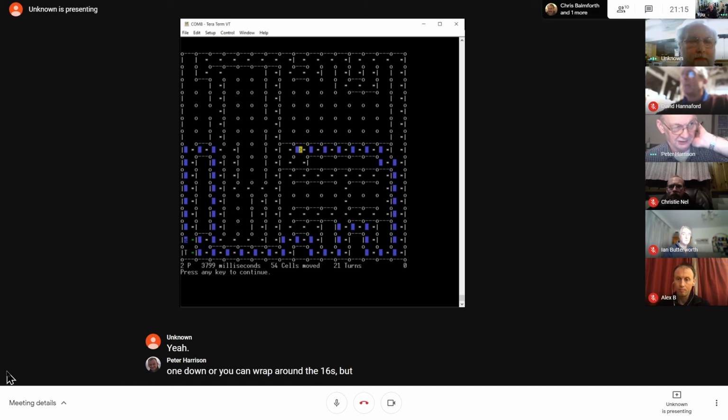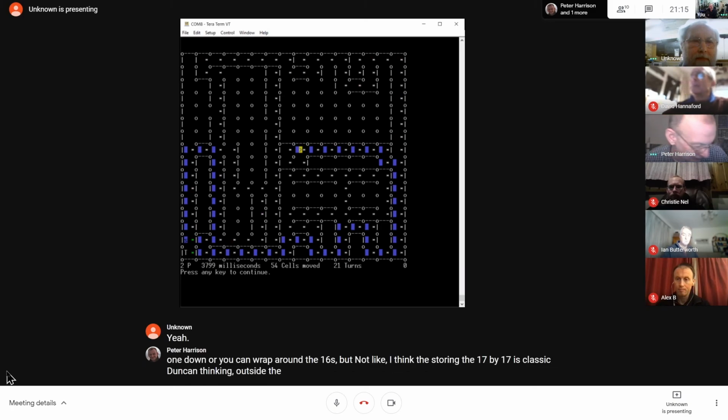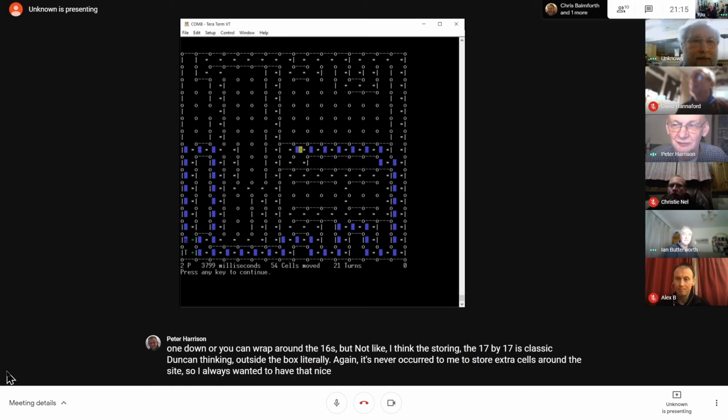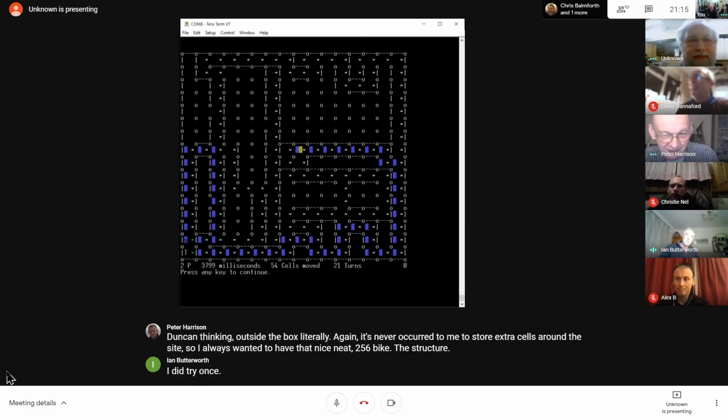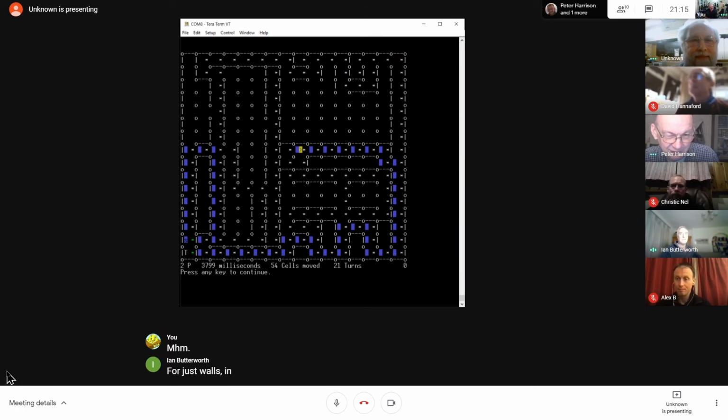But no, I think storing the 17 by 17 is classic Duncan thinking outside the box, literally. Again, it never occurred to me to store extra cells around the side because I always wanted to have that nice, neat 256 byte data structure. I did try once, way back in the Pick 1 days, Derek, store just walls in a 17 by 17.